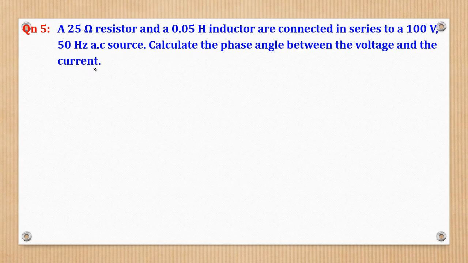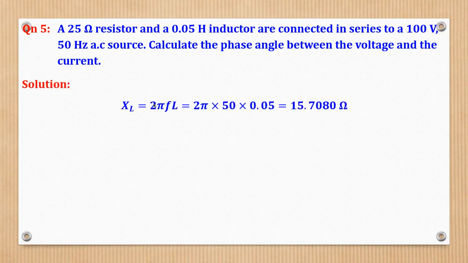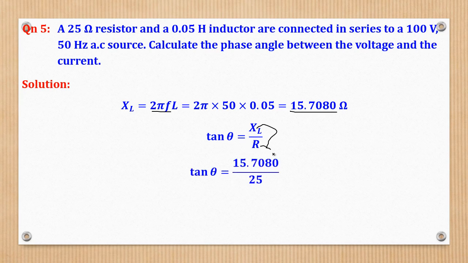So remember, phase angle, we get it from tan theta equals XL over R. So I need to first get XL from 2 pi FL, which gives you this. R, I already know it, so I can write tan theta is equal to XL over R. Then substitute for XL and for R to get the value of theta. And that would be the phase angle they wanted.